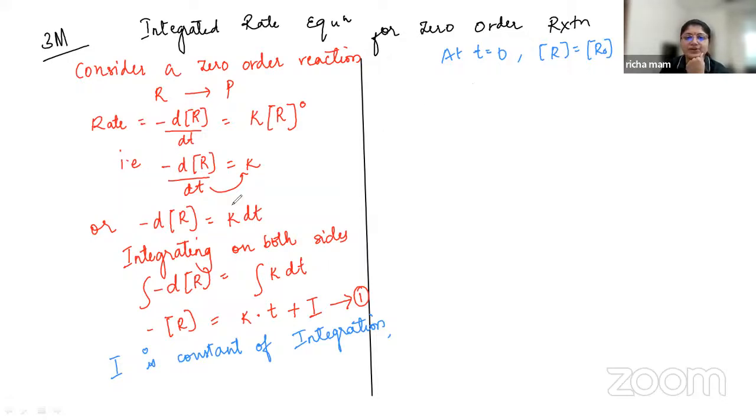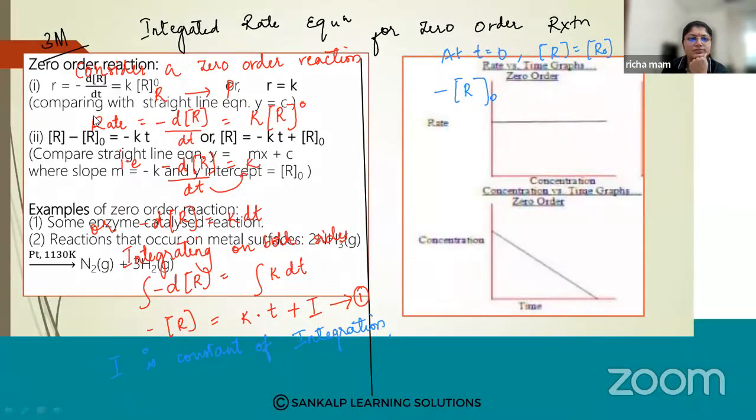So what will be the value? Minus R naught.